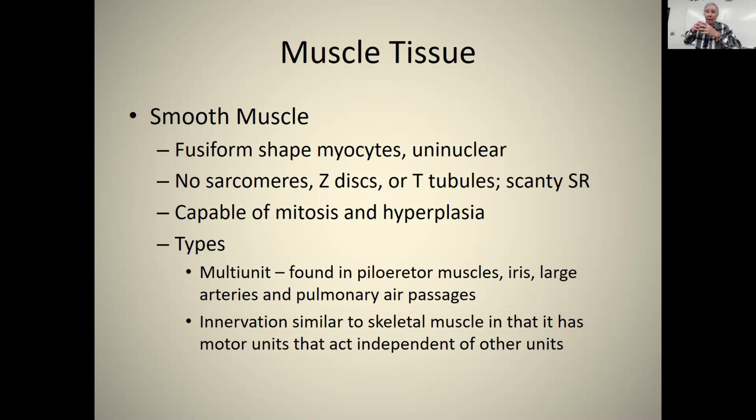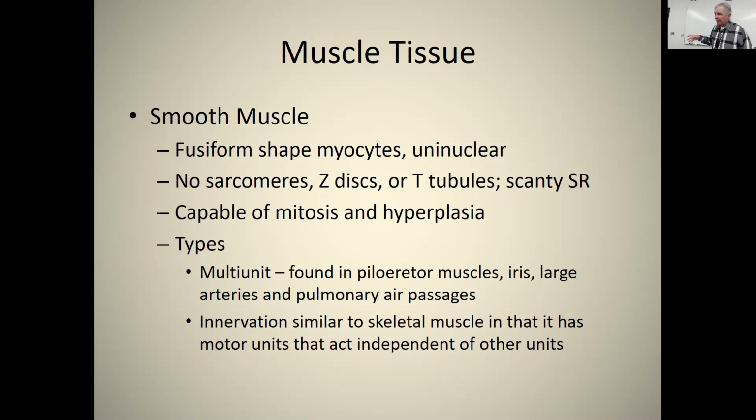Skeletal muscles carry a calcium supply along with them in their SR, and so they're not influenced by external calcium. Heart muscle is very influenced by external calcium. Most of the calcium that turns on heart muscle comes in from the outside. And that's true for smooth muscle also.